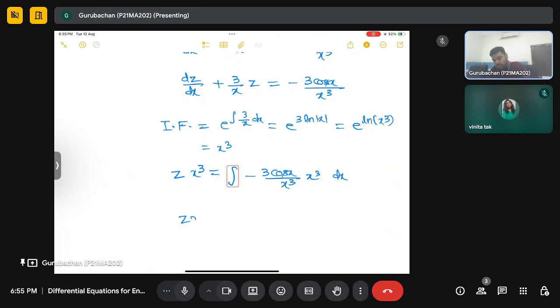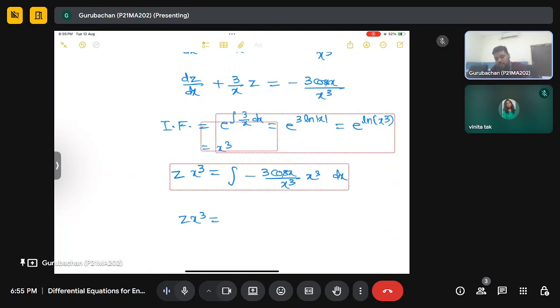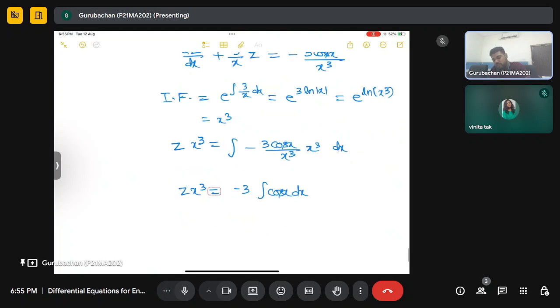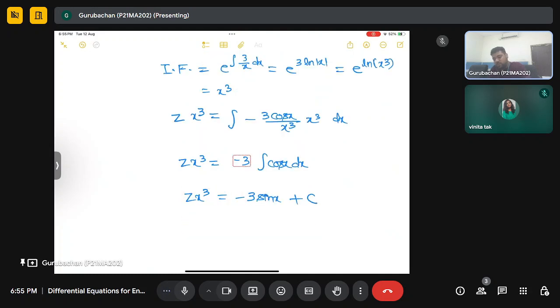This will give you z x cube, and this will be minus 3 sin x plus c. So z x cube equals minus 3 sin x plus c. I hope till now we have verified. So it's correct till now.